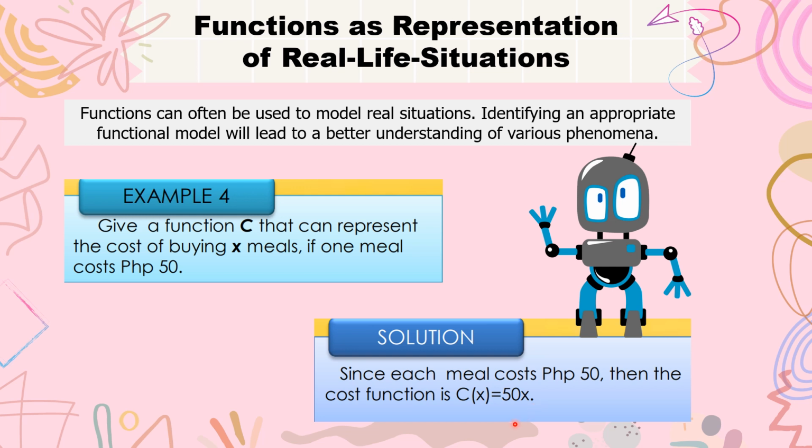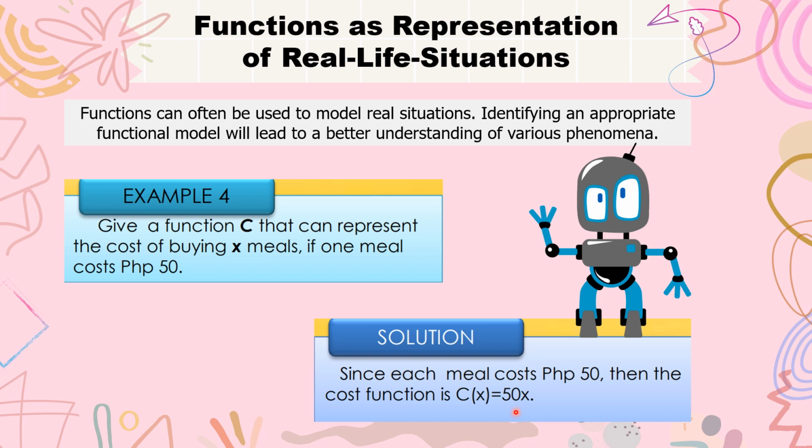So the cost per meal is 50 pesos times X, where X is the number of meals. Let's say we buy three meals and each meal is 50 pesos.